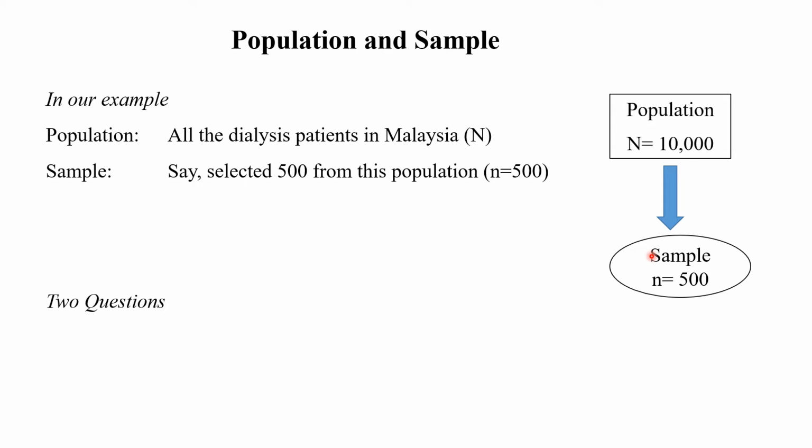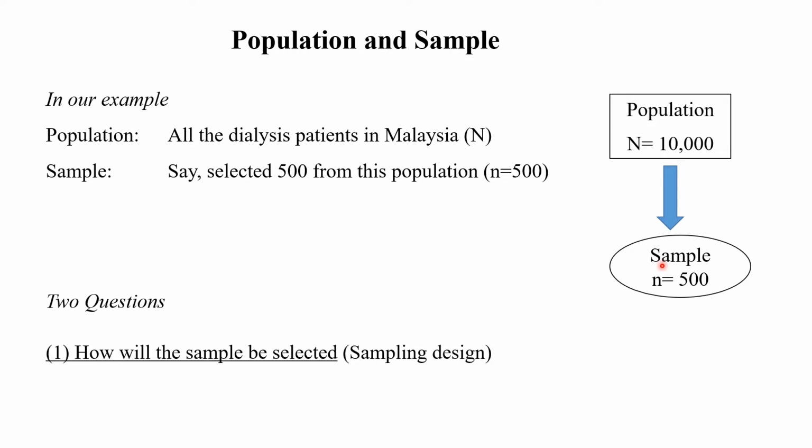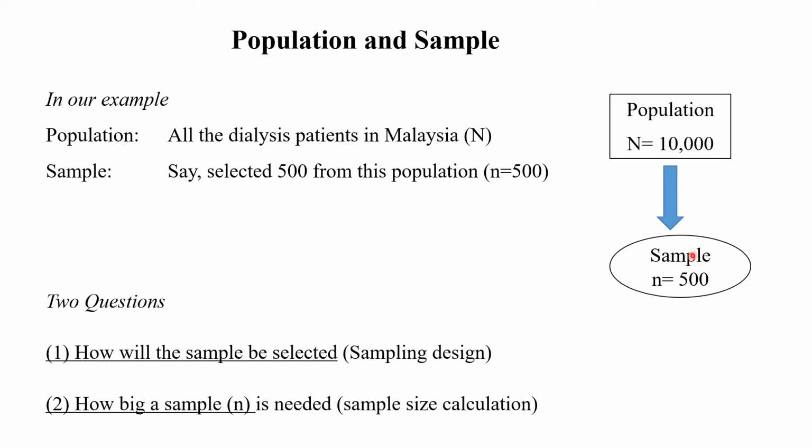So now, you have two questions. In taking a sample from the population and studying the sample, two questions arise. How will the sample be selected? How will the 500 be selected from the 10,000? That's one question. Second question, how big a sample size do we need for sufficient representation of the population?